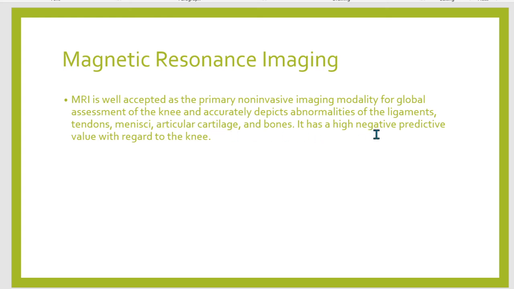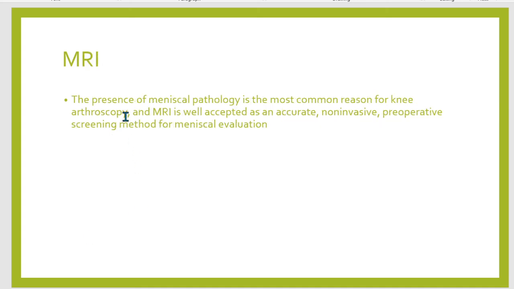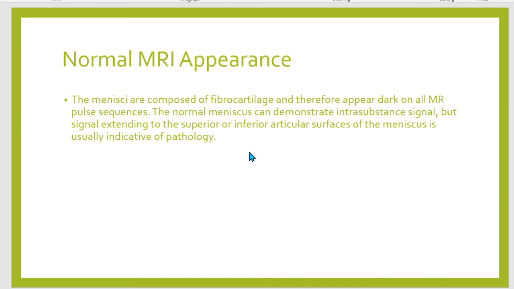It has a high negative predictive value with regard to the knee. So MRI is the one we consider. On X-ray, it is easy to see because basically it is bone. With MRI, the presence of meniscal pathology is the most common reason for knee arthroscopy, and MRI is well accepted as an accurate preoperative screening method for meniscal evaluation.